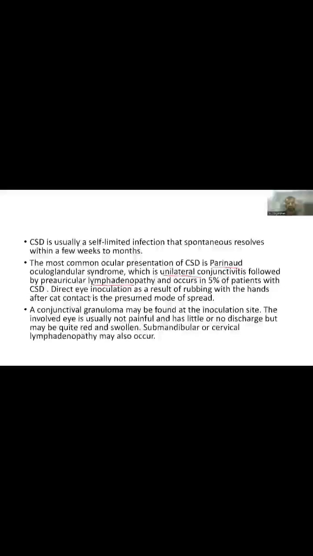With this lymphadenopathy, there might be an associated necrotic stellate granuloma. And it is associated with unilateral lymphadenopathy, submandibular or cervical lymphadenopathy might be seen. So that is about cat scratch disease or Bartonella henselae.